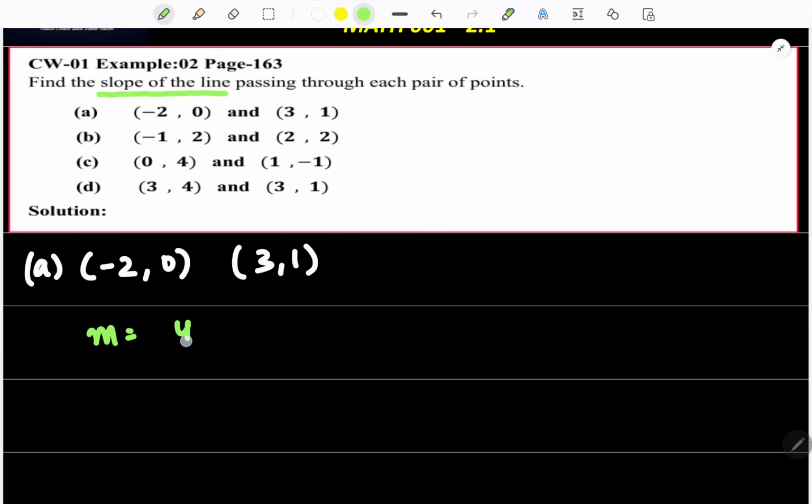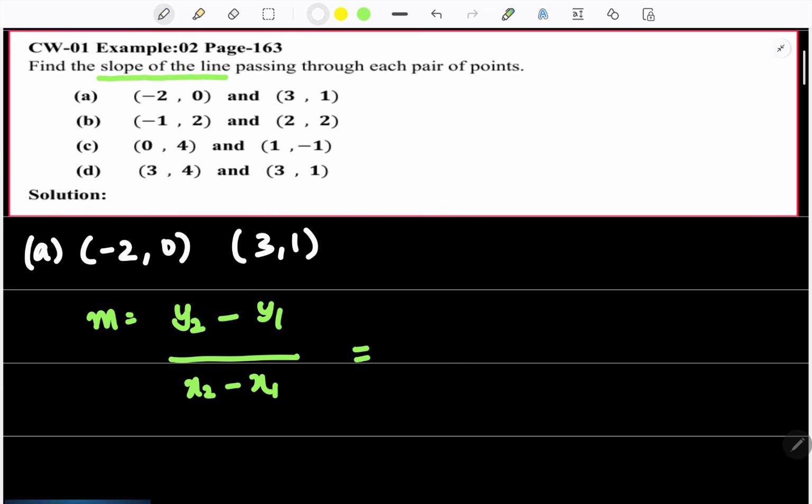This is your x1, this is your y1, this is your x2, this is your y2. Every time keep in your mind, first point is x1, y1, second point is x2, y2.